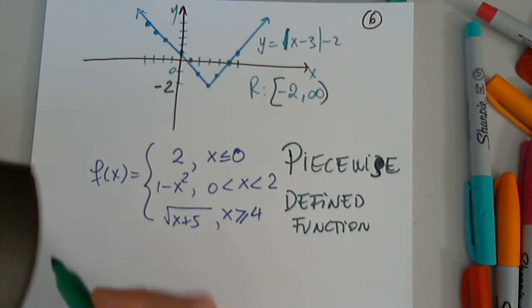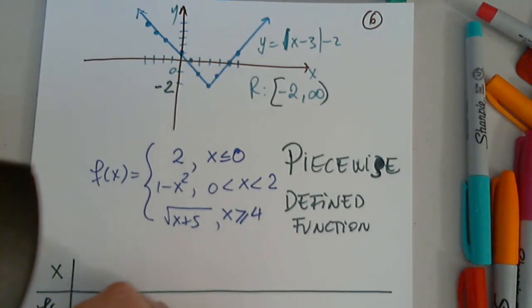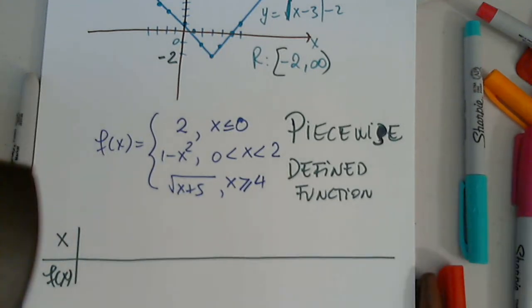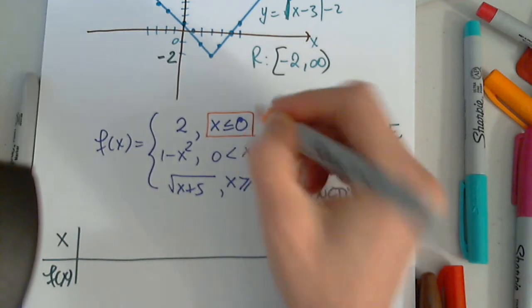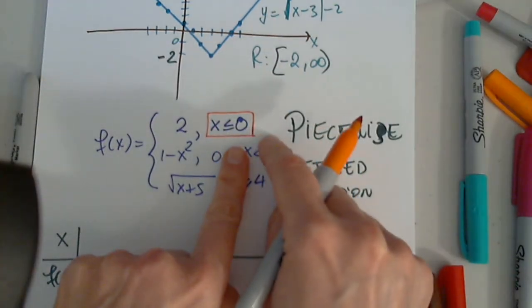Yes, we have to find its domain first. Like before, we're asked to graph, so we have to go through the domain first. Now my first step is to change this into interval notation. Can anyone tell us the interval notation for this?